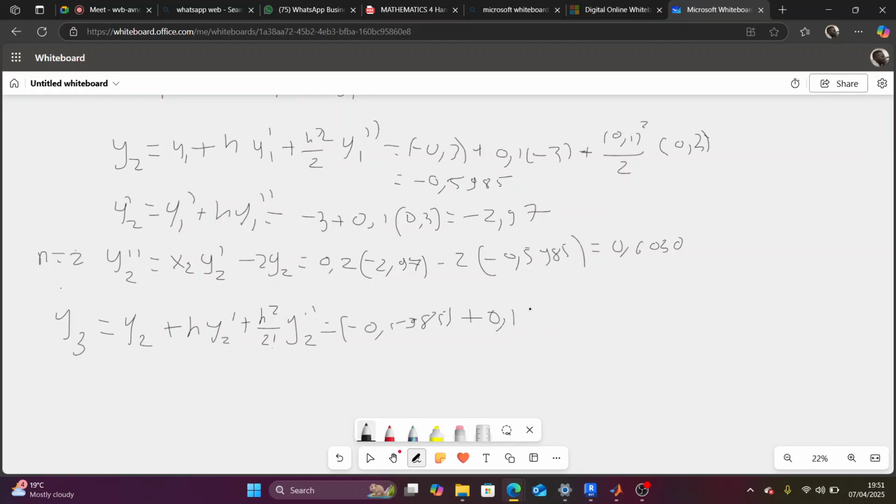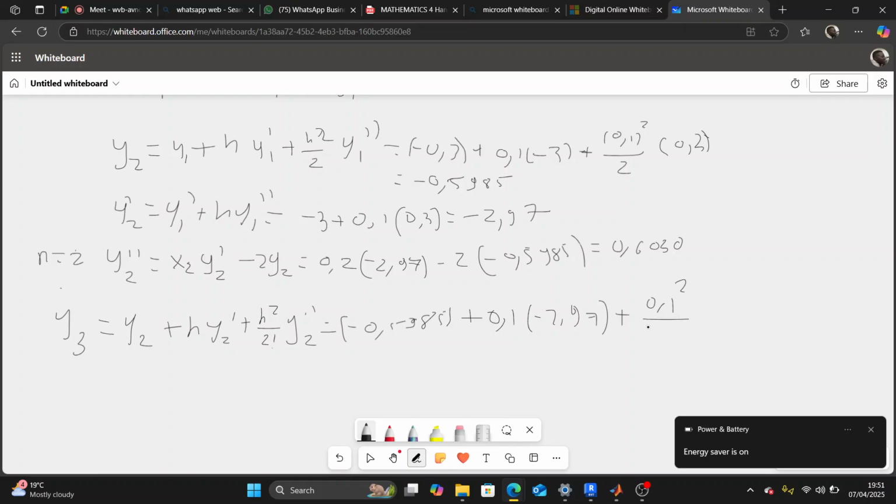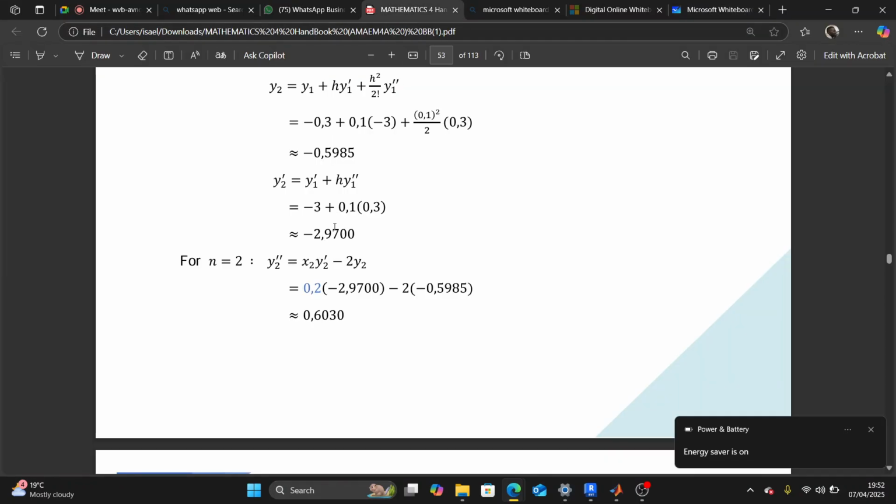y prime of 2 is minus 2.97, plus h squared, 0.1 squared, divided by 2 factorial. What is y double prime 2? y double prime 2 is the one that you find as 0.603. So if you calculate this, you'll find out that y3 is what?